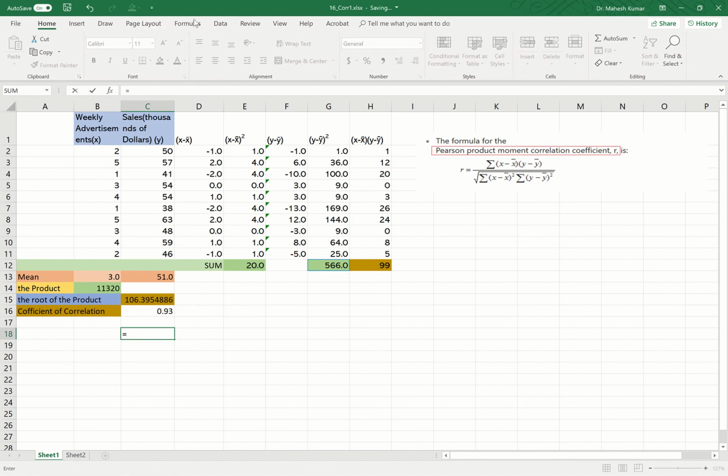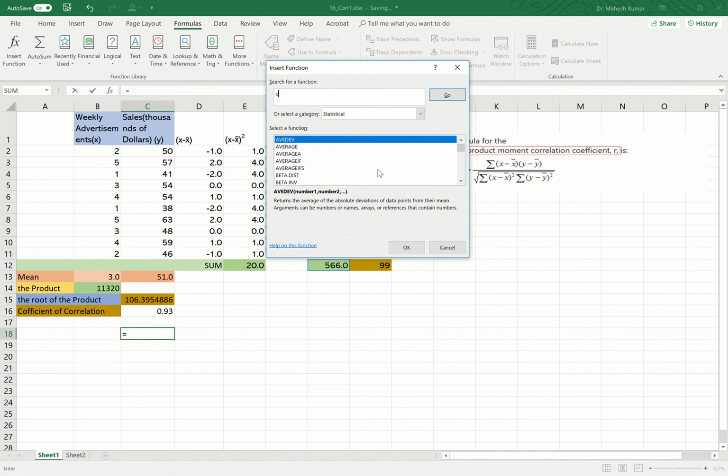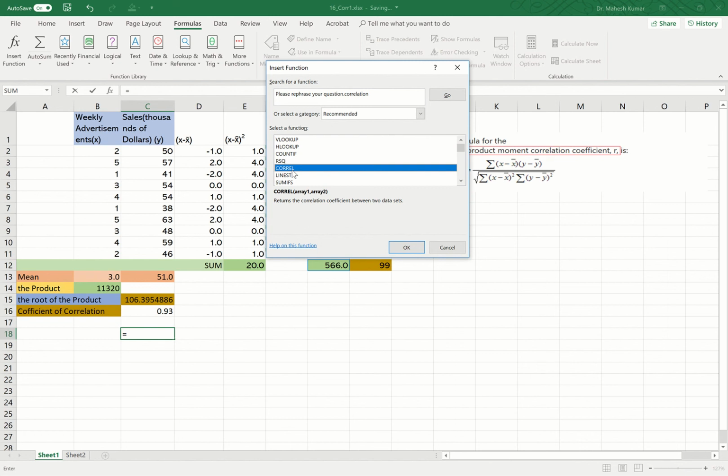Equal to sign, go to formulas, go to more functions, statistical, insert function, type correlation here, CORREL, correlation.